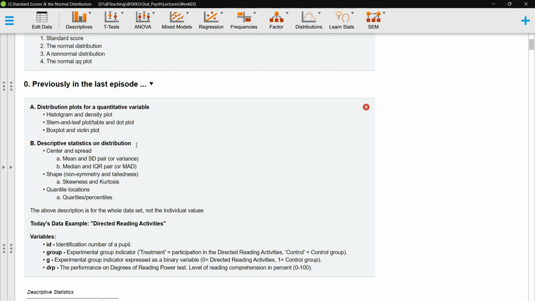And we also have descriptive statistics on distribution, where the distributional characteristics are expressed by a certain number. For example, the key components are the center and the spread. The mean and the standard deviation are an example pair of center location and spread measure. And the median and the interquartile range are another pair of center and spread statistics.